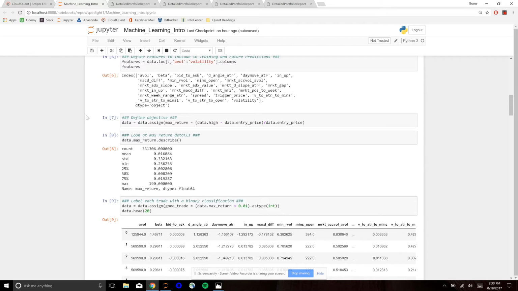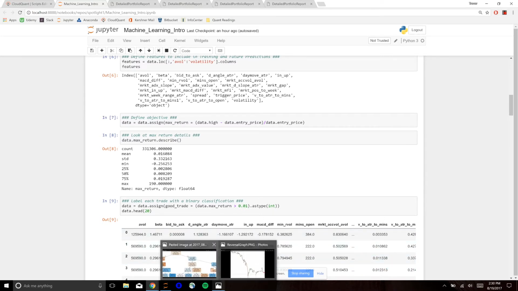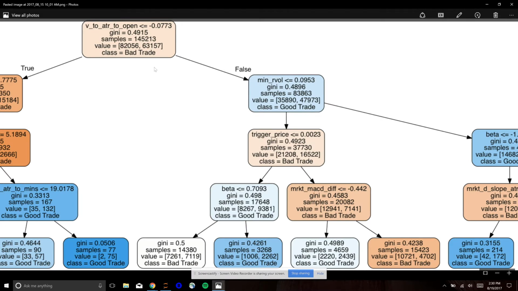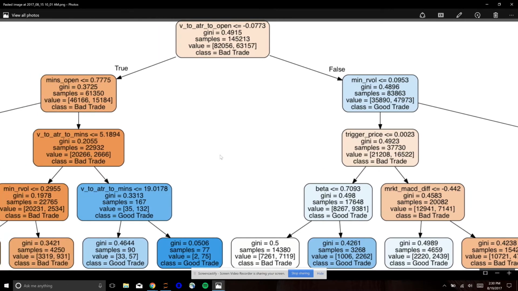So to get into what decision trees are a little bit more, so you guys can understand what I'm talking about, this is an example of one of the decision trees for the data that I collected from my trades.csv file. What it does is it looks at all the different data that you have, and it takes all the samples that you have.